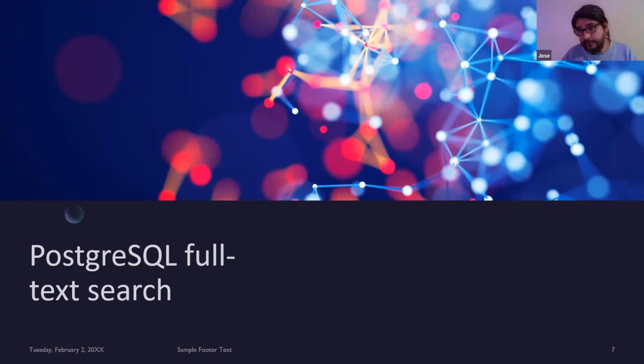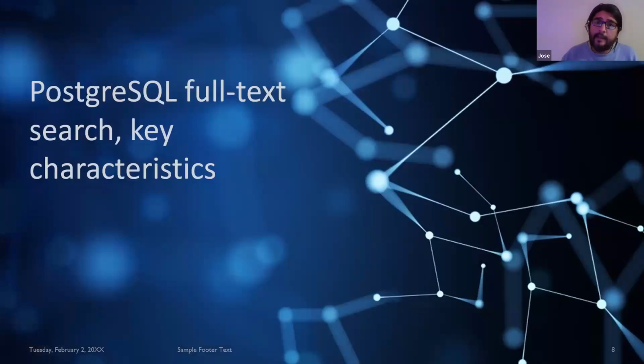In the case of Postgres, what we are searching is stored in vectors. So whatever text you are saving, you need to save also in a different type of column, vector columns. And those columns can have a specific type of index depending on how you want to search. The characteristics of Postgres full text search are almost the same as the ones in Apache. They both do the same kind of things.